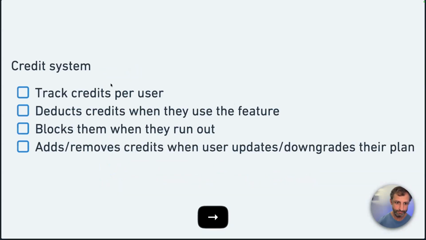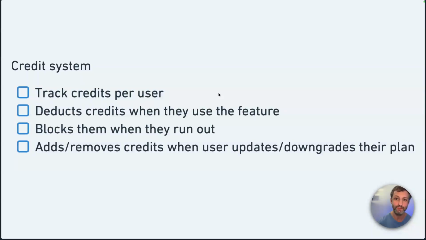So what does our credit system actually need to do? First, it needs to track credits per user. In our case, one website summary is going to equal one credit. Second, it needs to deduct credits when the user actually uses our feature, which is summarizing websites.